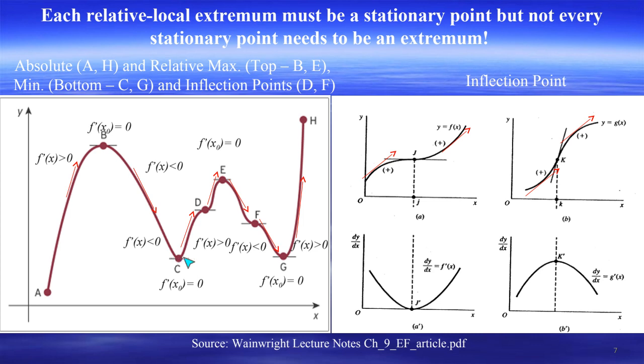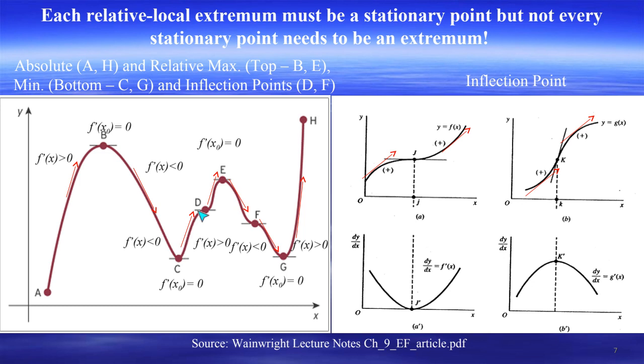We just stop for one moment. And then at the other side of the point C, the first derivative becomes positive. So we are going up again. What does it mean? We go first down, stop, and go up. So this is the bottom of a valley. No doubt about it. It's a relative or local minimum.